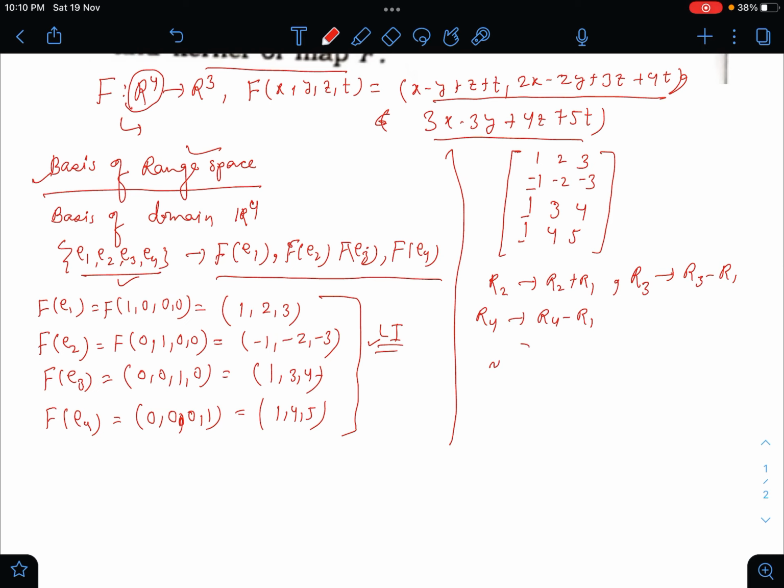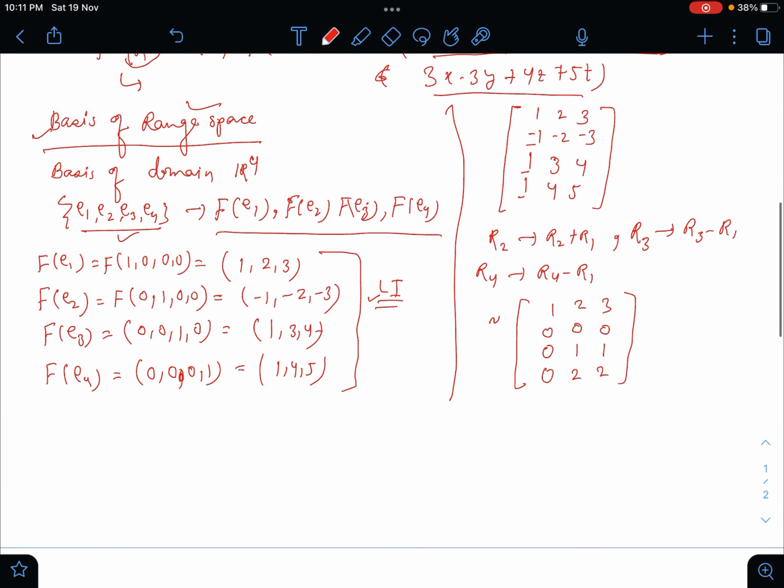So it will become (1, 2, 3), (0, 0, 0), (0, 1, 1), (0, 2, 2). Now to reduce the fourth row to 0, we apply operation R4 as R4 minus 2R3. So this will reduce the matrix as (1, 2, 3), (0, 0, 0), (0, 1, 1), (0, 0, 0).